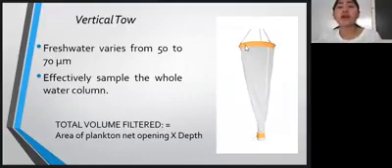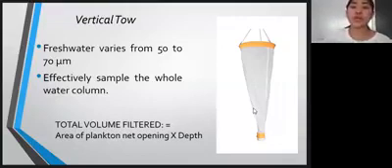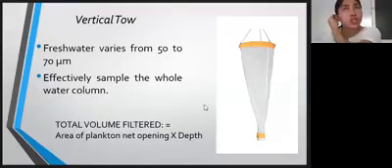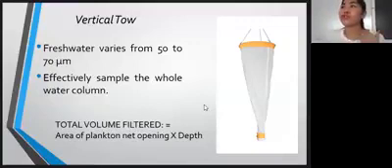So everything that you caught goes down to the bottom, and that's where you get the samples you collected during sampling. So the total volume filtered is equal to the area of the plankton net opening times the depth. For example, if you sample by vertical tow for 50 meters, then definitely you multiply it by 50 meters. So vertical tow goes straight down.